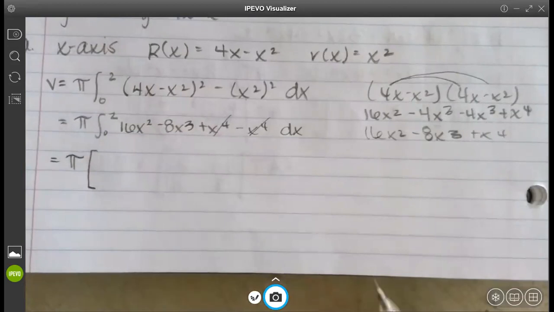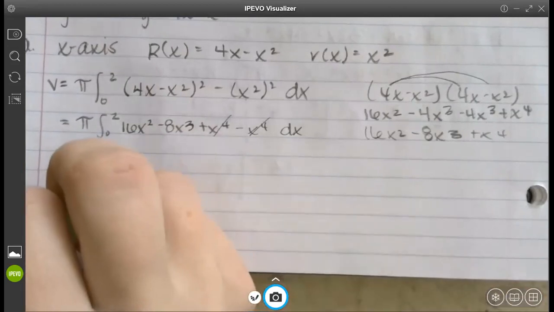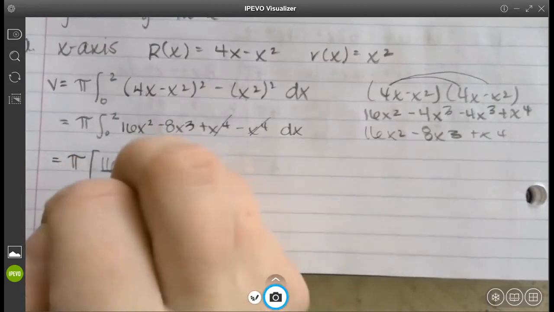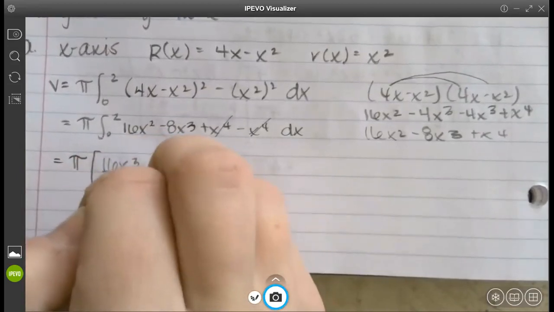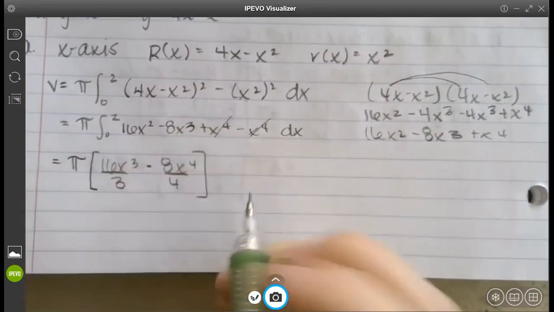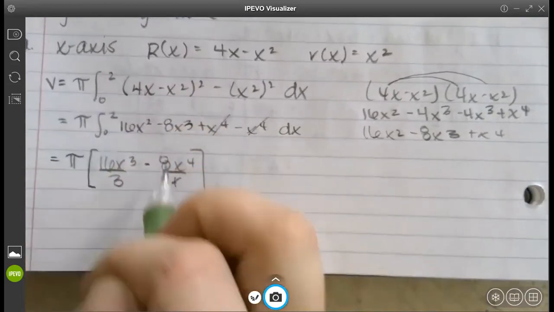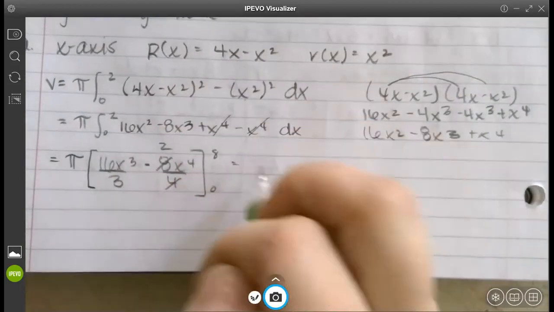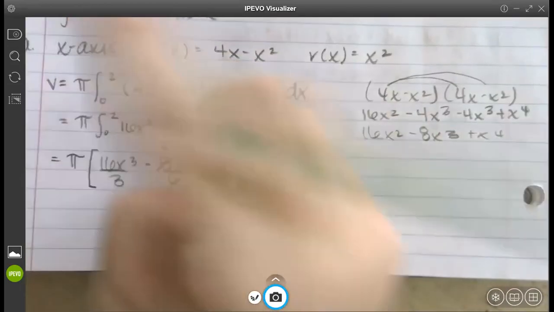If you forget, I'm going to show you that it doesn't matter. So integrate 16x squared. What do I get? 8x cubed turns into, which actually turns into 2x to the fourth from 0 to 2.